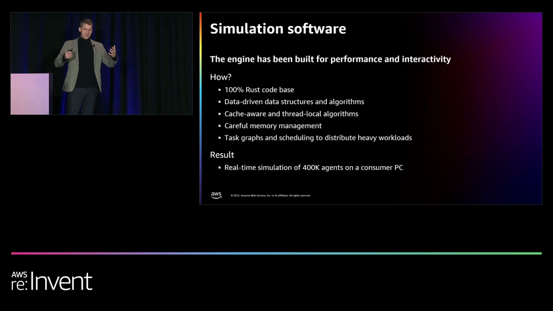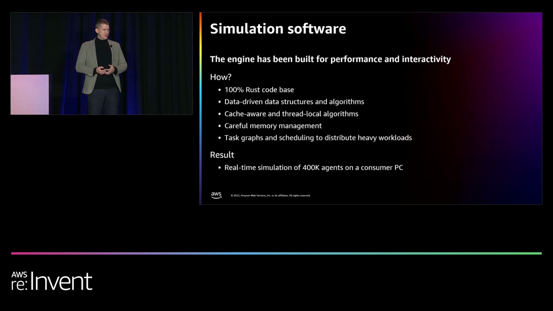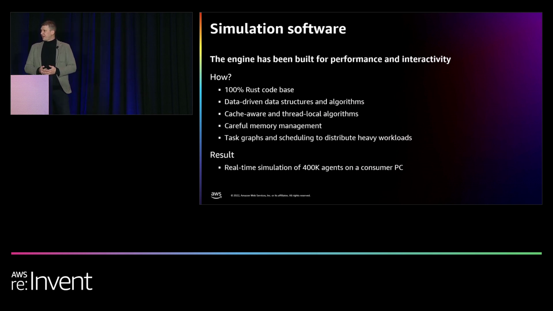So these heavy tasks are decomposed into subtasks and then distributed over multiple frames. So the result is that we could simulate 400,000 agents on a consumer PC or 150,000 agents in the web, because Rust allows you to compile to WebAssembly.